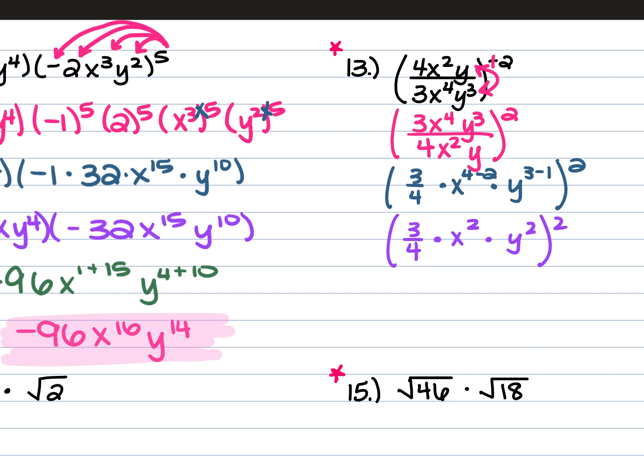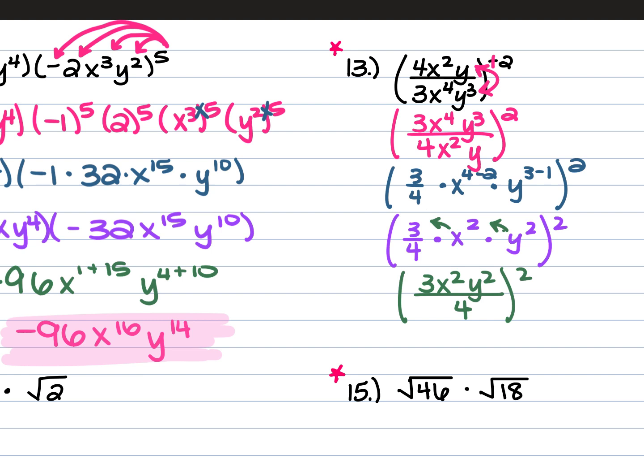These have positive powers on them, on the x and the y, so they're both going to go up top on that fraction. So you're going to have 3x squared y squared over 4 raised to the 2nd power.